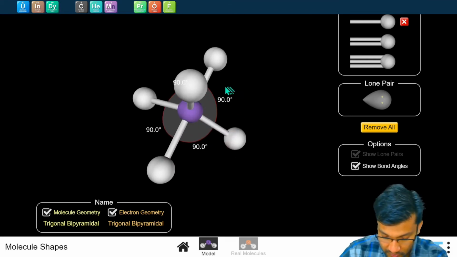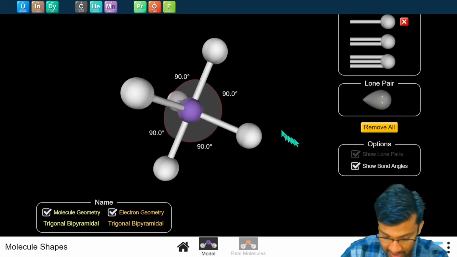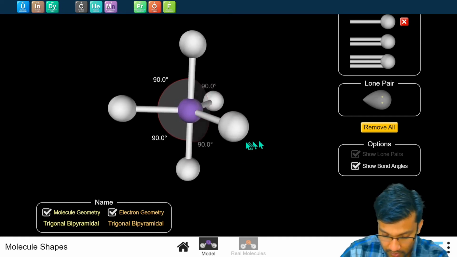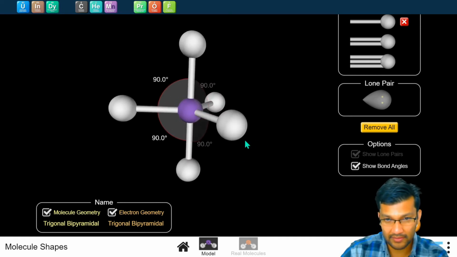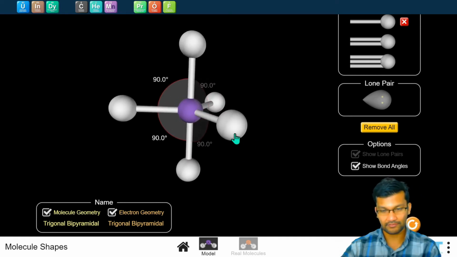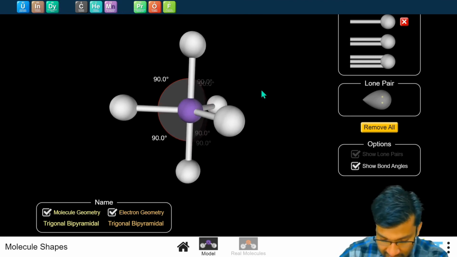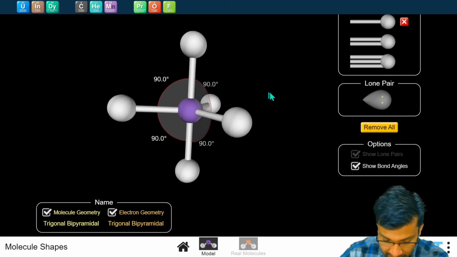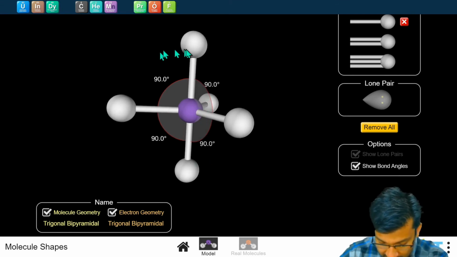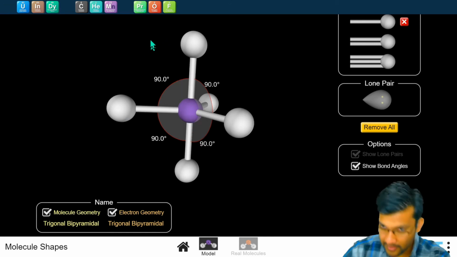First, you would want to rotate it such that you have as many atoms as you can in line with the screen, because that's the easiest way to represent it, and you can more or less see all of the atoms involved. Here I can see 1, 2, 3, 4 atoms in line with the page, and then of these 2 atoms, one is sticking behind, one is sticking in front. So I'm going to stick with this layout.